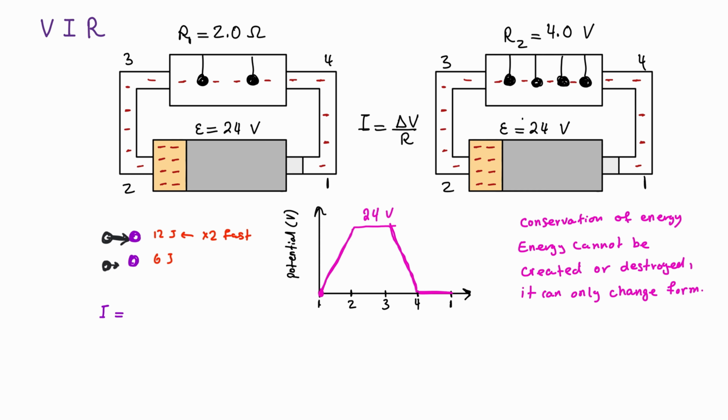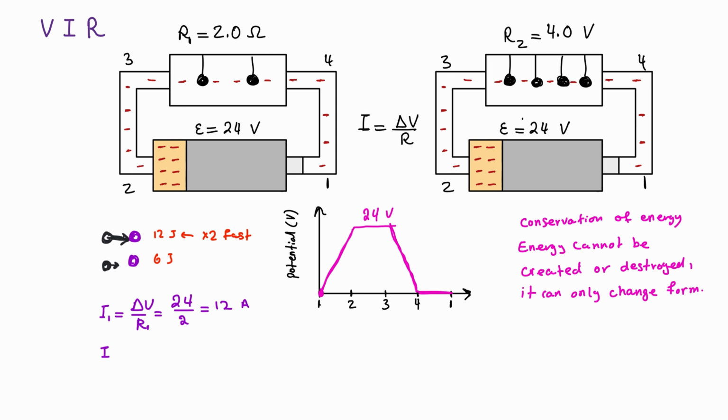So remember, the potential difference between this point and this point where the energy transfer is happening is 24, because we have 24 joules here, and then we have 0 joules over here. So I'm going to write this as delta V over R. And in my first one, I'm going to write R1 and I1. The total amount is 24 and the resistance is 2, meaning it's 12 amps here.